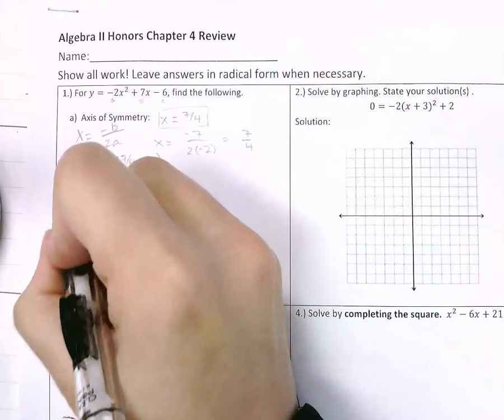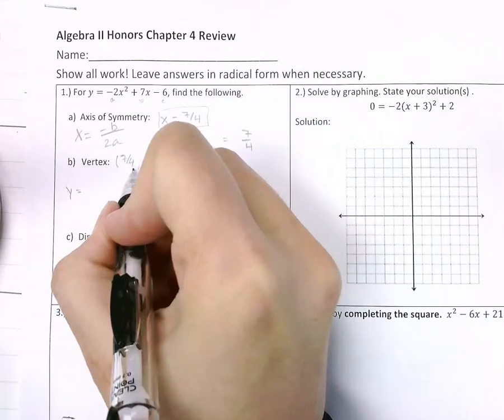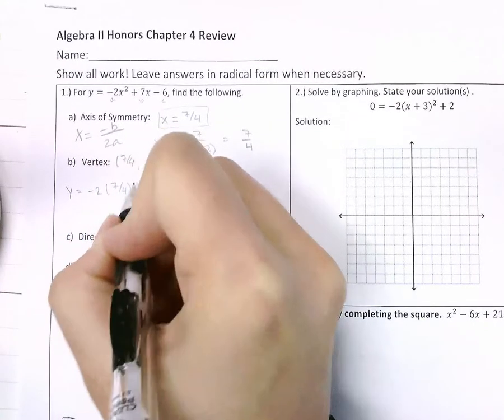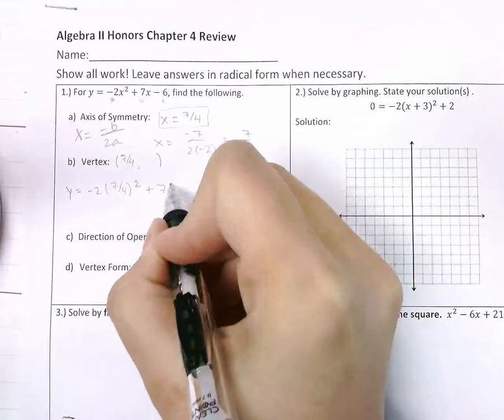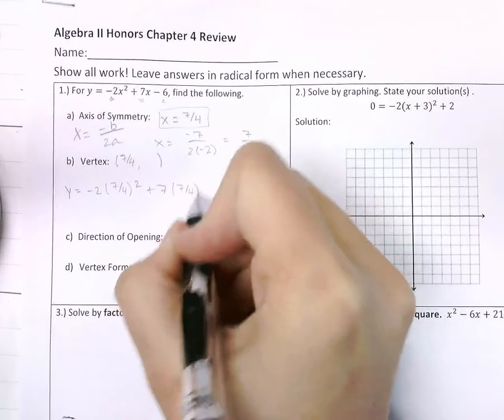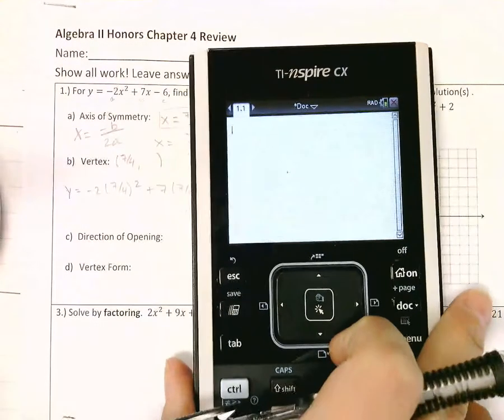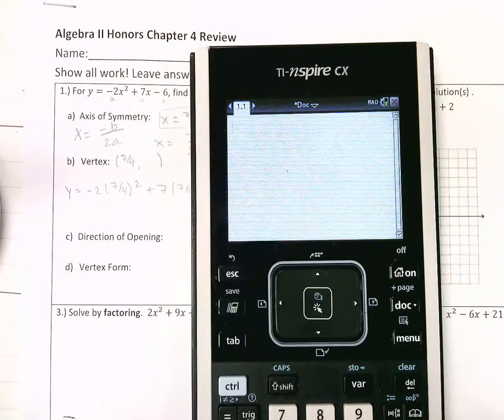To find the rest, you're going to take what you got for the axis of symmetry and plug it back into the equation that it came from. Okay, and you're probably going to want to do this on the calculator. Because it's a fraction, you want to be very careful. Every time you substitute, you put it in parentheses.